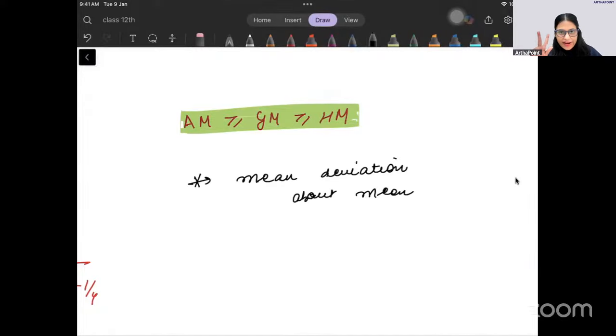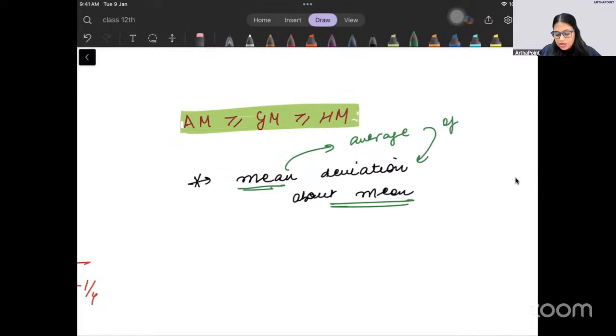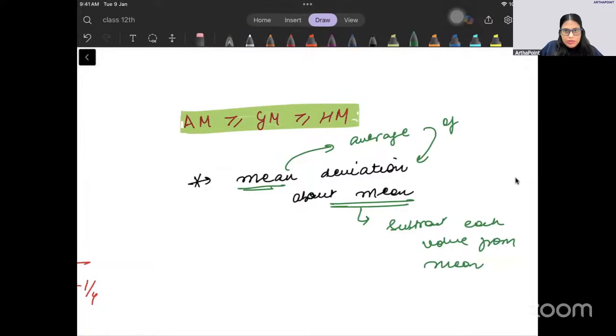Understand carefully. Why are two means coming? Mean deviation means you have to find the average. Average of what? Average of deviation. About mean means you have to subtract each value from the mean. From where do you have to find the difference? From the mean. And what do you have to do? You have to find the average.